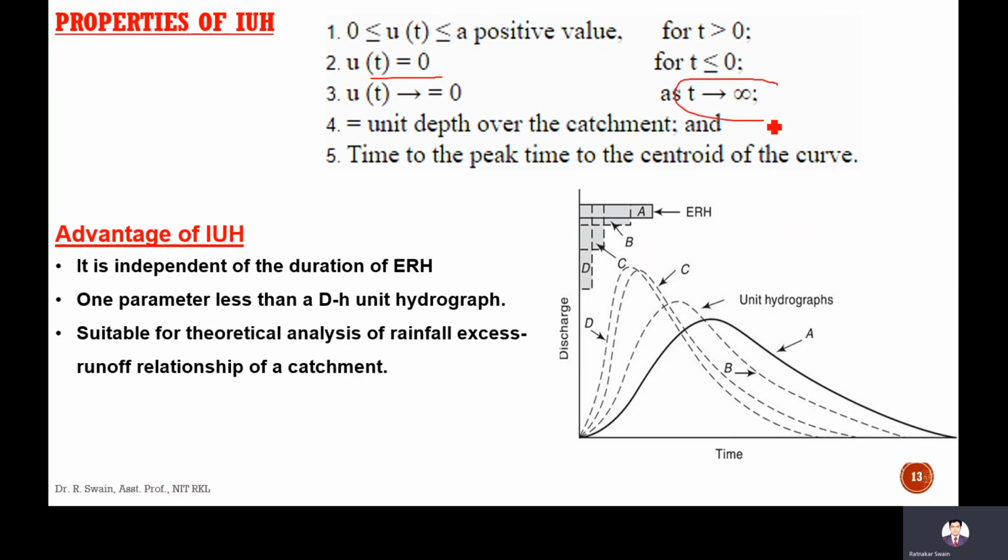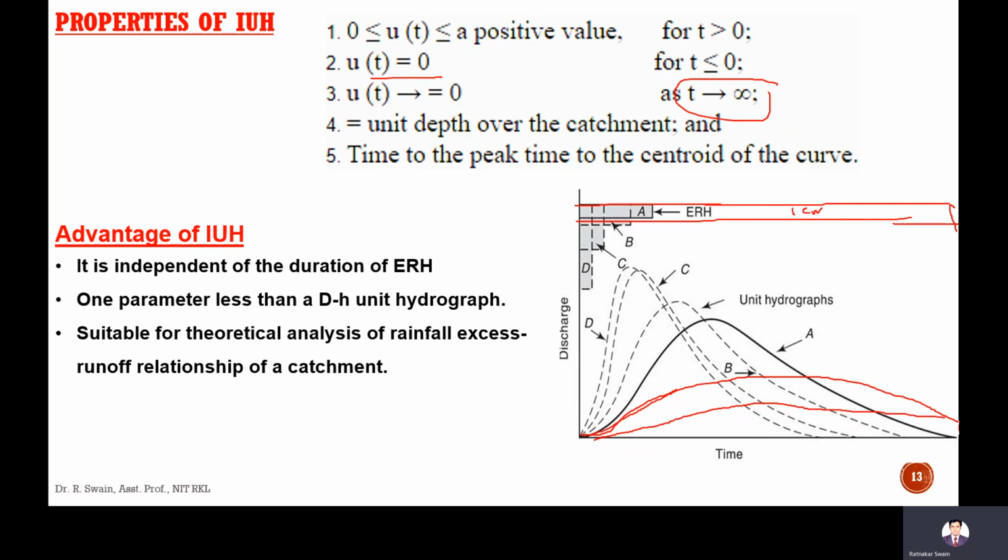It means if we increase this t value infinitely for the same excess rainfall, gradually the peak will decrease and base time will increase, and gradually it reaches 0.